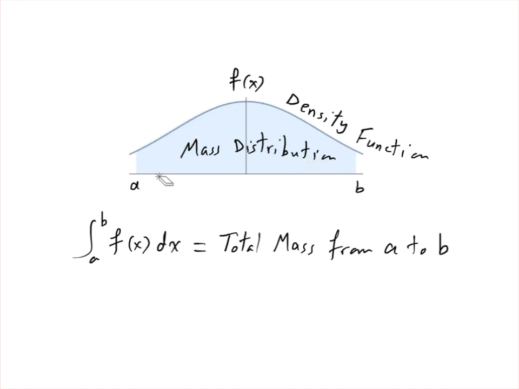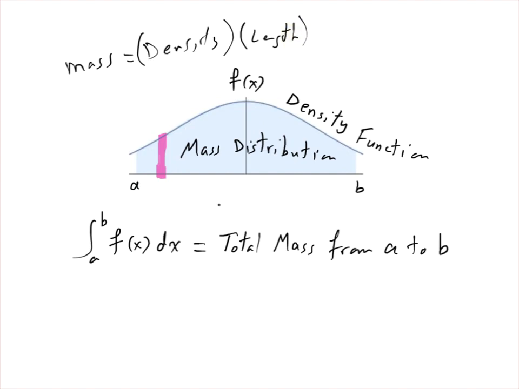So for every little piece of that interval, when you multiply that tiny length by the density, what you get is mass. Because we know mass is equal to density times the length in this case.